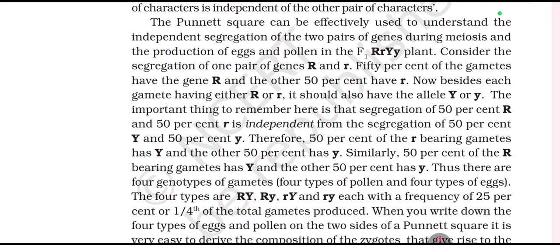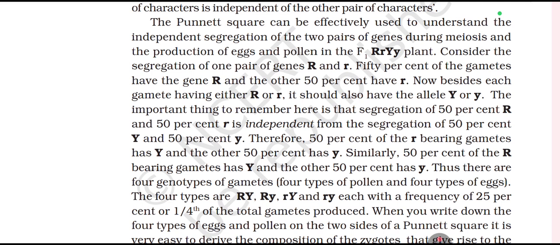Now, besides each gamete having either capital R or small r, it should also have the allele capital Y or small y. The important thing to remember here is that segregation of 50% of capital R and 50% of small r is independent from the segregation of 50% of capital Y and 50% of small y. Therefore, 50% of the R-bearing gametes has capital Y and the other 50% has small y.